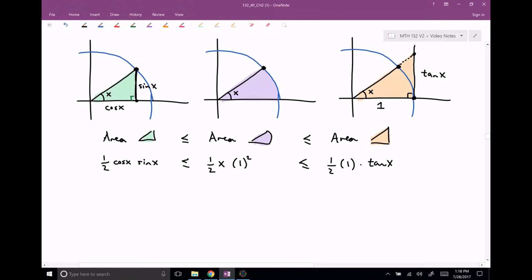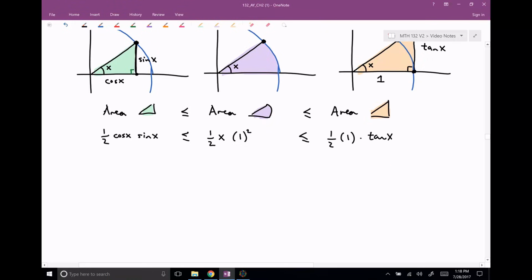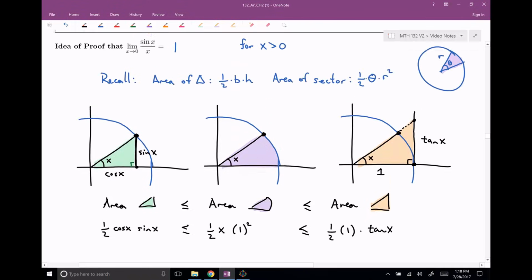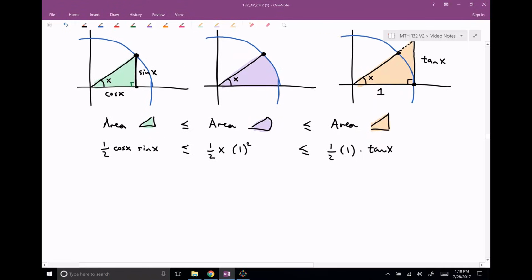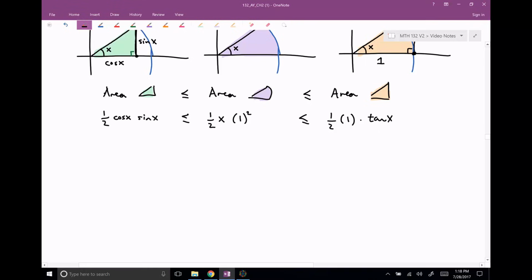Okay, so now let's go ahead and start manipulating this. Again, I want to say something about my sine of x over x. Maybe the first thing I'd like to do is multiply through by 2. Notice there's a 1/2, a 1/2, and a 1/2. So if I multiply through by 2, and now at this point, let me write, instead of tangent, sine of x over cosine of x.